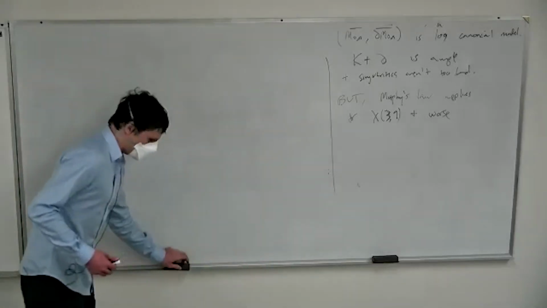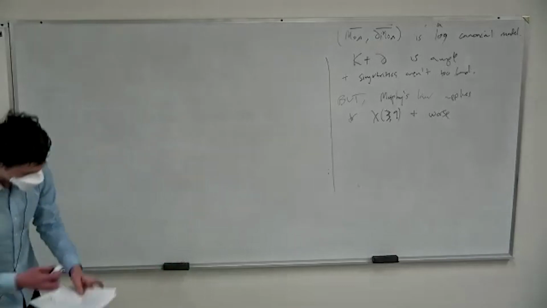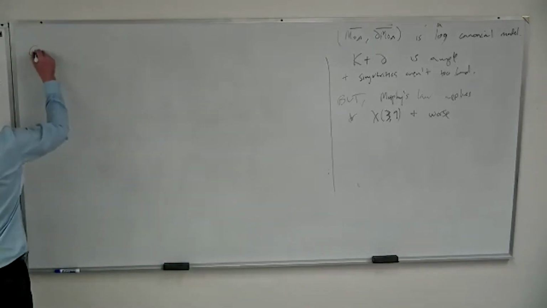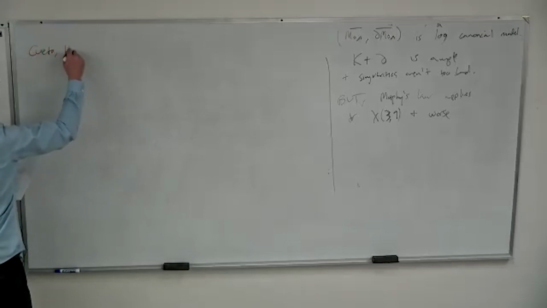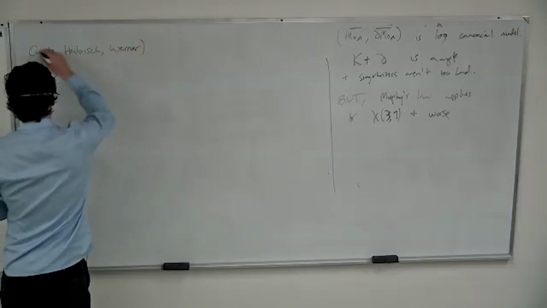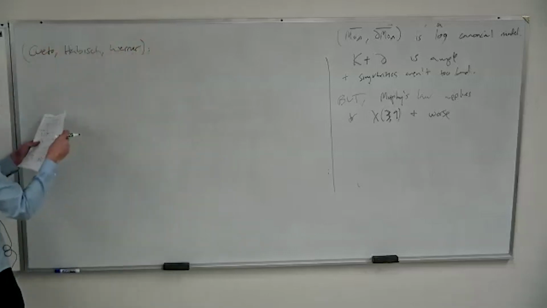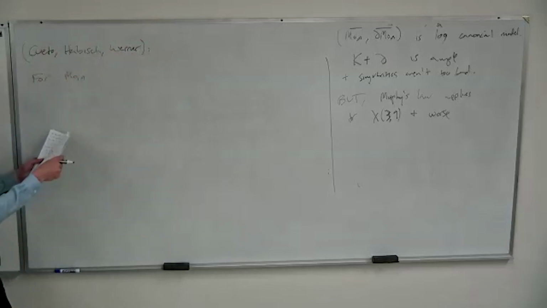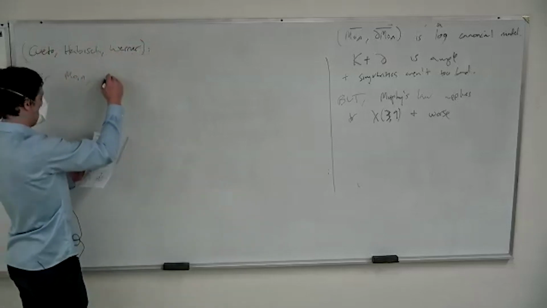So there's this very nice paper of Cueto, Häbich, and Werner. For M0n, they're really talking about the Grassmannian, but it's equivalent.